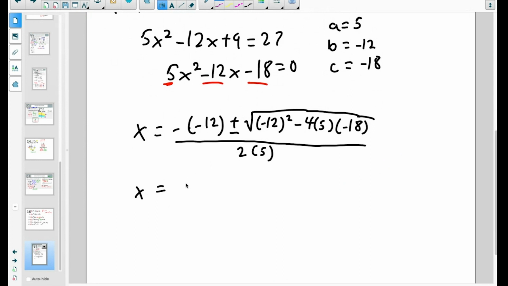So we can simplify this a little bit. We'll get 12 plus or minus the square root of 144. What's that going to equal to? That's going to be plus 360, I believe. Negative 20 times negative 80, divided by 10.